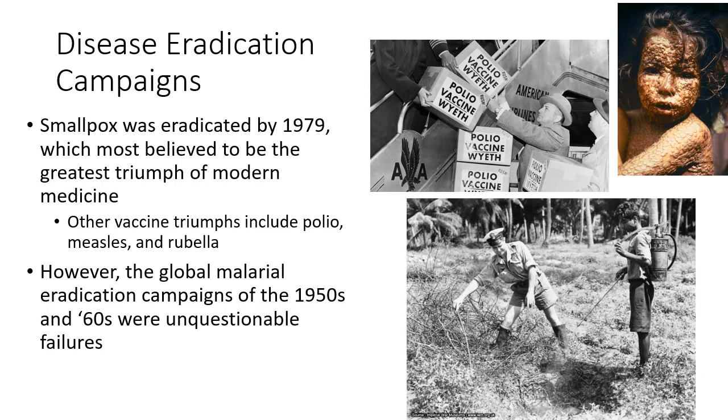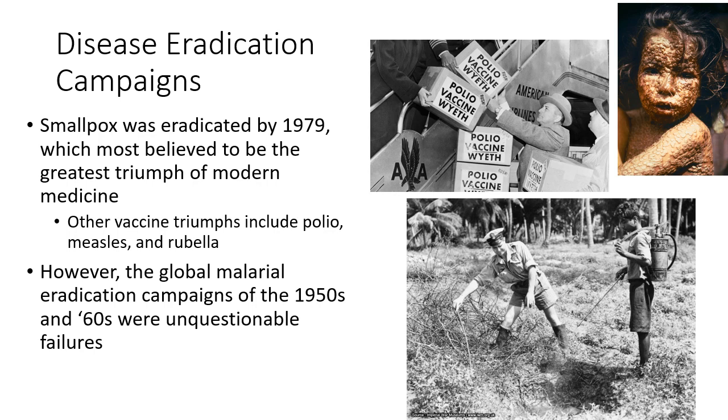However, despite the mutability of pathogens, there are some pathogens that we have more or less eliminated. The best example of that is smallpox. There was a massive smallpox campaign in the mid-20th century to eradicate it around the world, and it's believed to be eradicated by 1979.